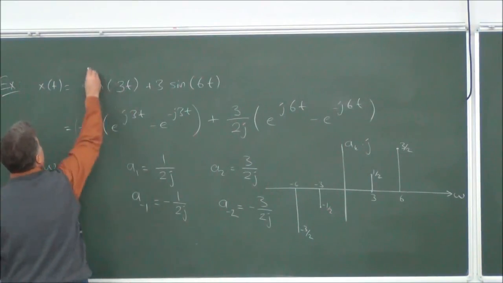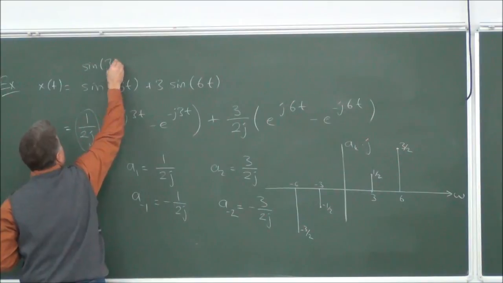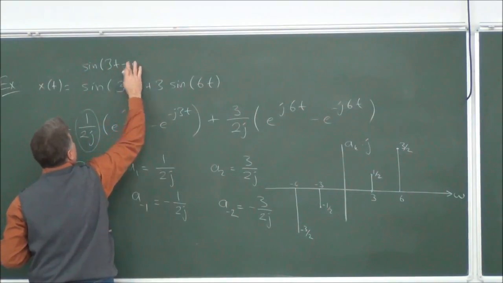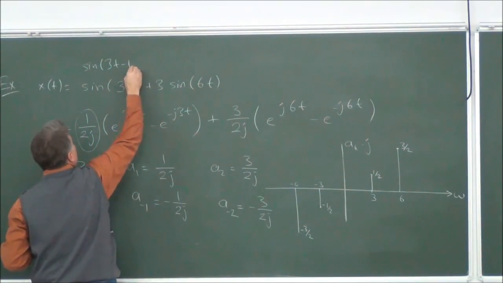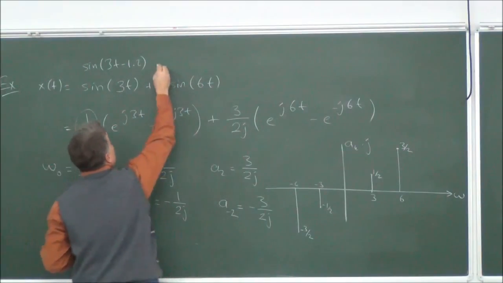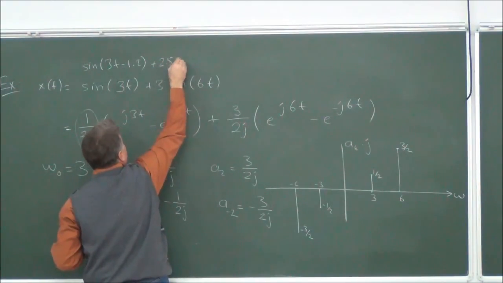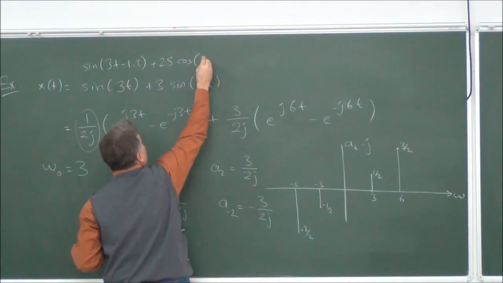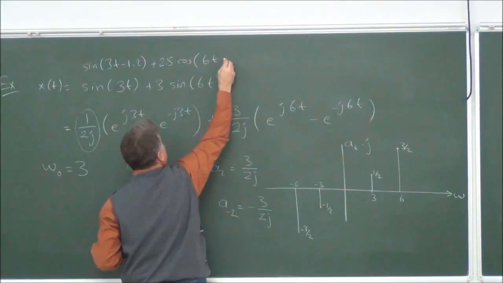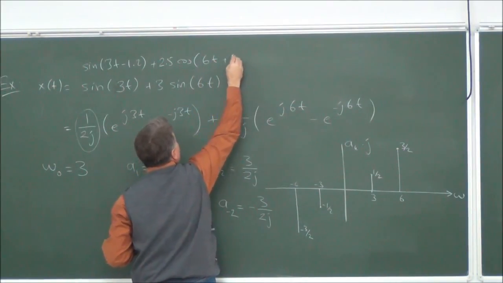For example, sine 3t minus pi. Pi is too trivial, sorry. 1.2, let's say, plus 2.5 cosine 6t plus 0.7.